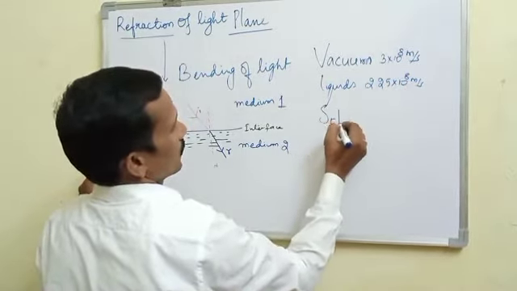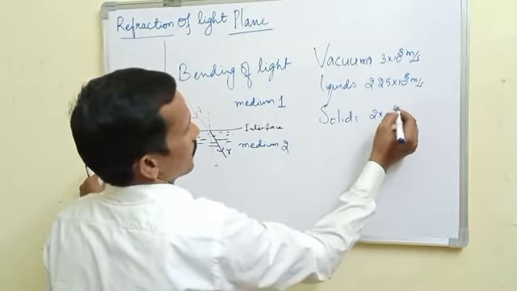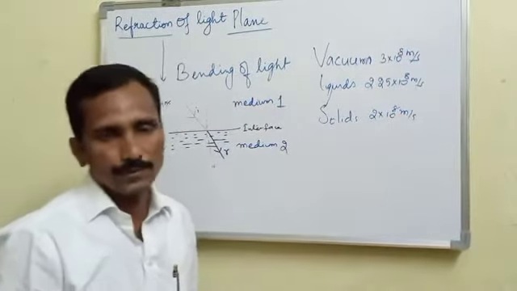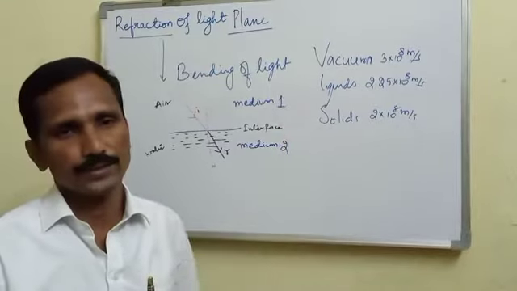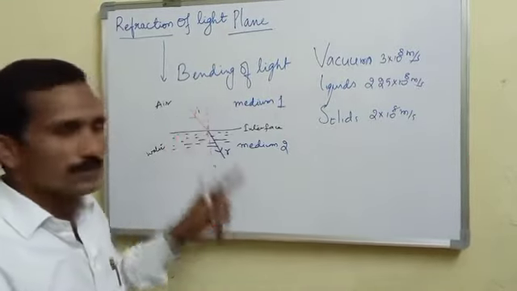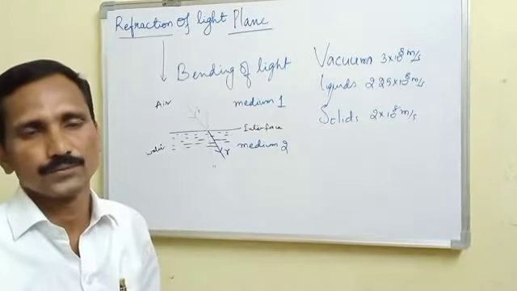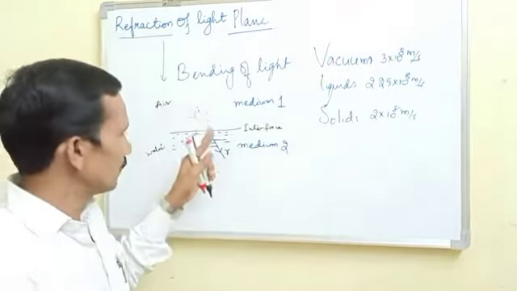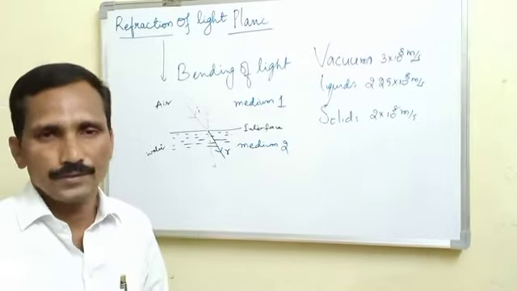In solids 2 into 10 to the power of 8 meters per second. In air and vacuum approximately the same, 3 into 10 to the power of 8 meters per second. When light travels from one medium to another medium, the speed changes. Due to the change in the speed, the light will bend. So this is the phenomenon of refraction.